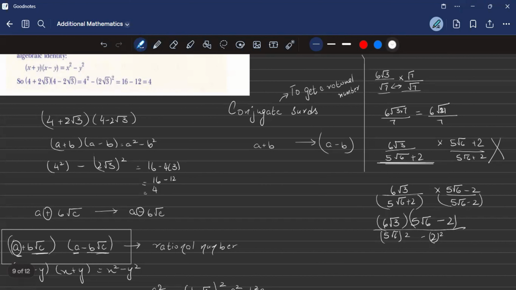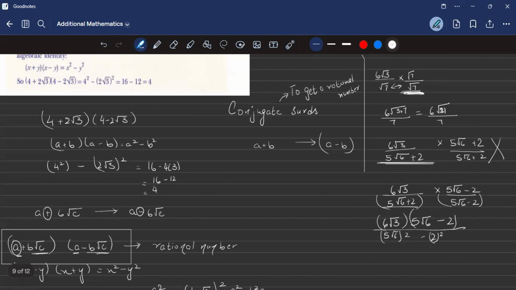Before we start, again, a reminder: whenever we multiply by some a plus b or some such value, we multiply by the conjugate surd of that value. However, if we have a single under root, we multiply by the same under root value and divide by the same under root value. I hope that's clear. If your concepts are not clear, don't worry.